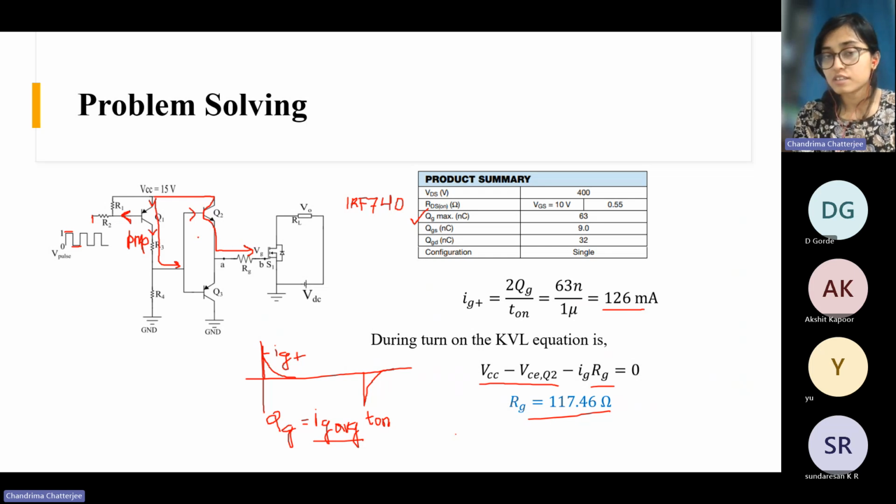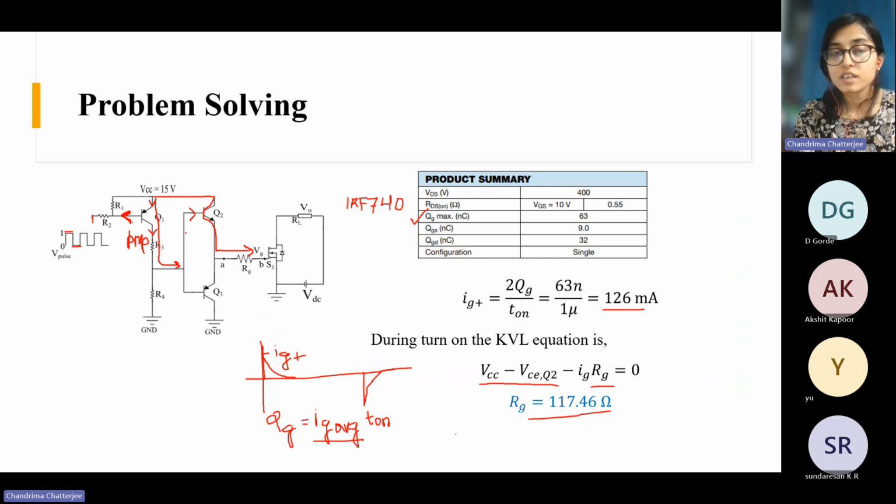So when this pulse is low, only then you will get the gate current here. Did you understand why? Because for the current to flow like this, this pulse has to be low. Otherwise, the current would flow the other way, because current always flows from higher potential towards lower potential. So only when this is low will this base current flow.